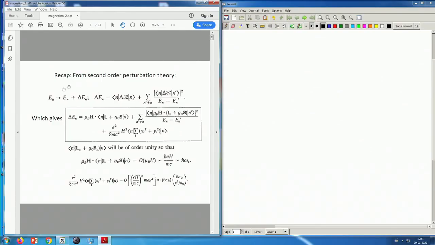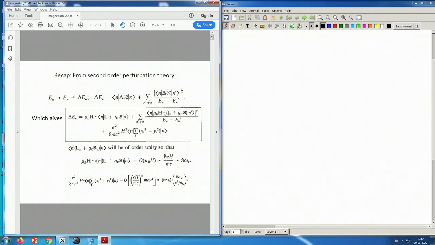In that procedure, we encountered 3 terms up to second order in perturbation theory. The first 2 terms come from the first order and second order, and this one is proportional to L plus g S. So, L and S are explicitly inside.